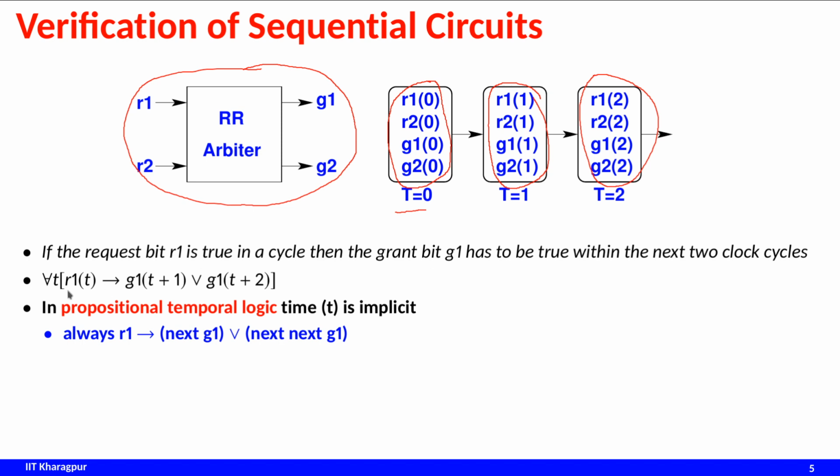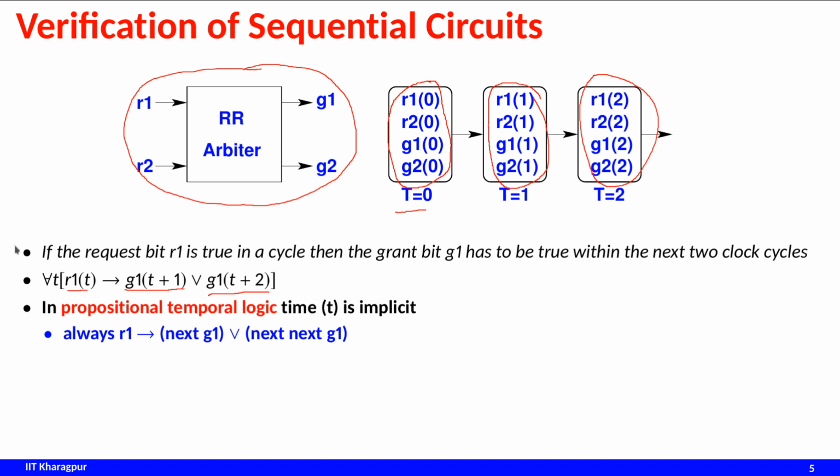So we can say that R1 at t, that means request 1 is true at some point of time, implies that in the next cycle or the next-to-next cycle, G1 has to be true. So I am specifying the properties across time steps, which is very much required.